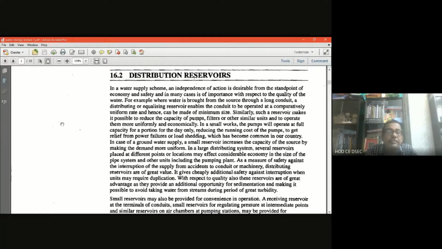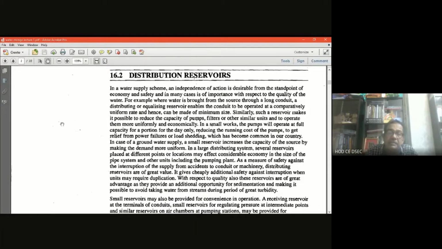And as a measure of safety against interruption of the supply, the interruption of water distribution to the end user may take place due to accidents to the conduit or machinery, due to load shedding, power cut, or an emergency like firefighting supply. Then it is a cushion in our hand. It protects us.